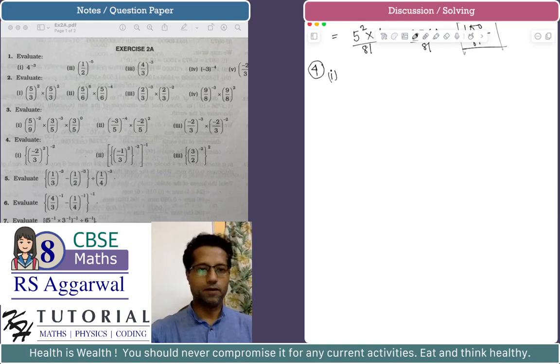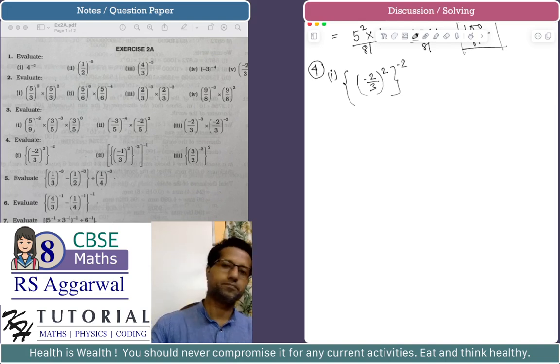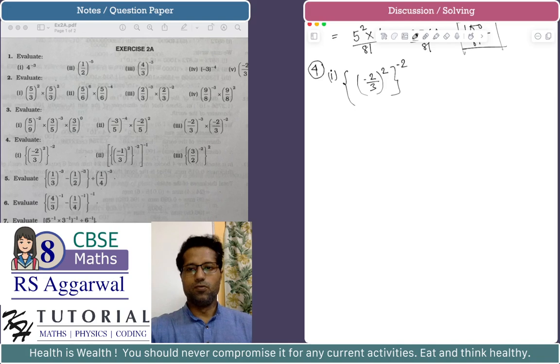Problem number 4 part 1: we have to evaluate ((-2/3)^2)^(-2), that is, (-2/3)^2 whole raised to the power -2. If you know the laws of exponents, it is very simple.